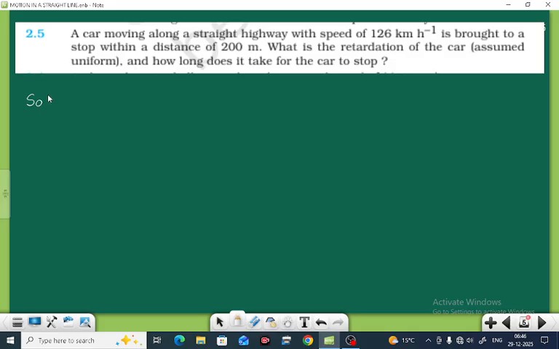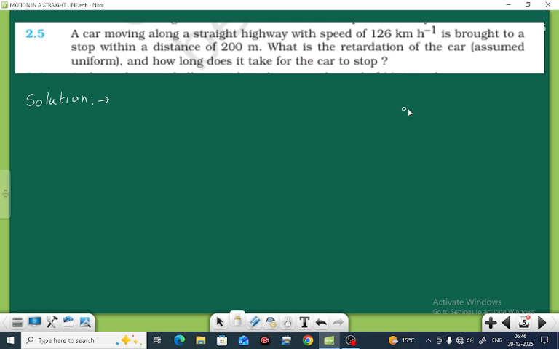A car moving along a straight highway with a speed of 126 km per hour is brought to a stop within a distance of 200 meters.